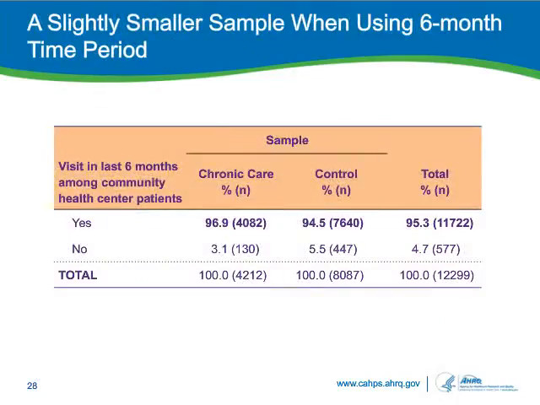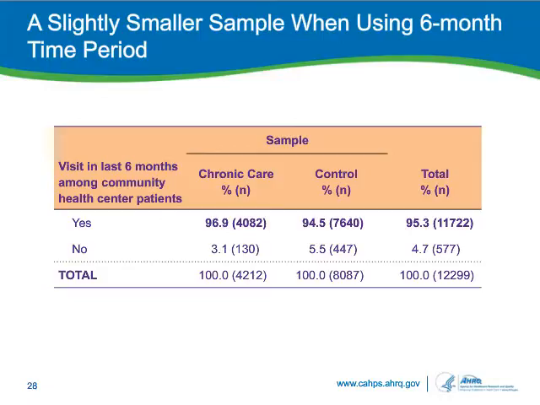I'm only going to present a few data tables because I know how much that can be fun to look at. But there are over 12,000 patients in the sample. There were 4,212 who were in that chronic care sample, and then we had the control group, which was 8,087.